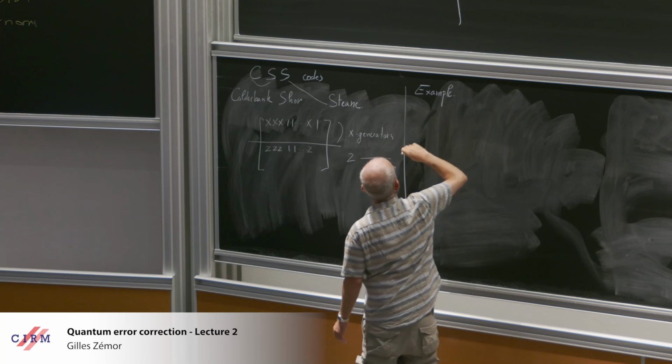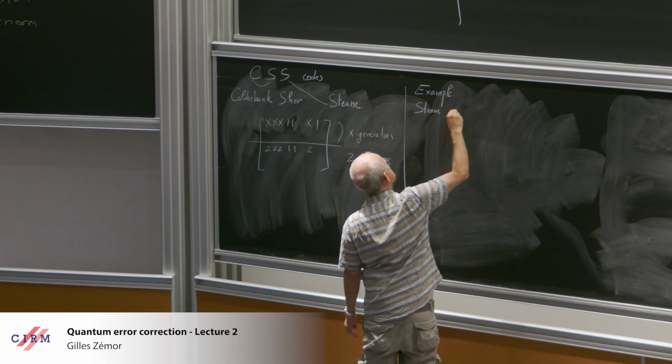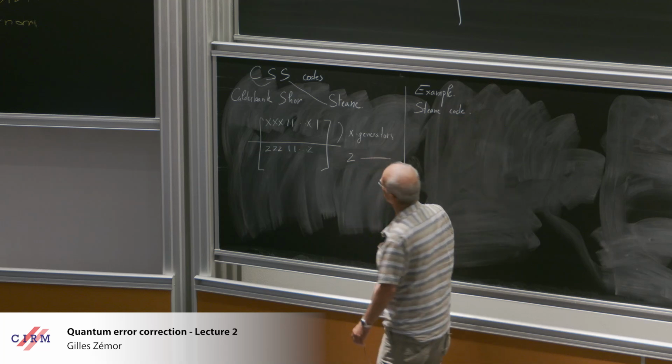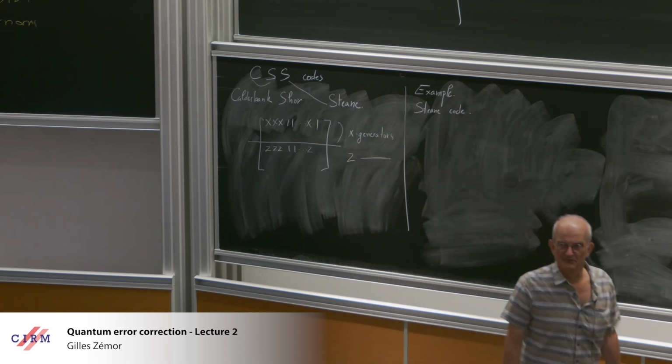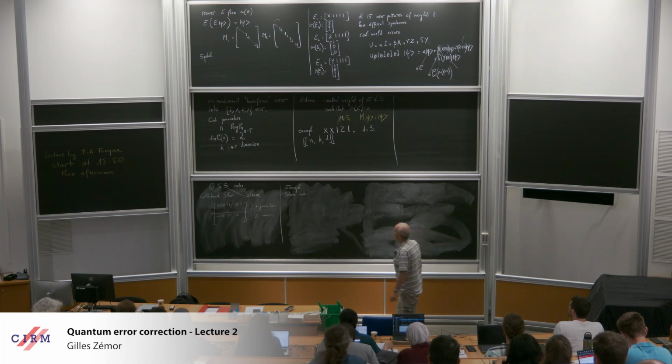So, to take a small example, the Steane code. How is it constructed? It's constructed from the classical Hamming code.